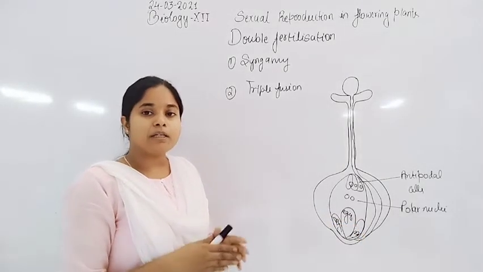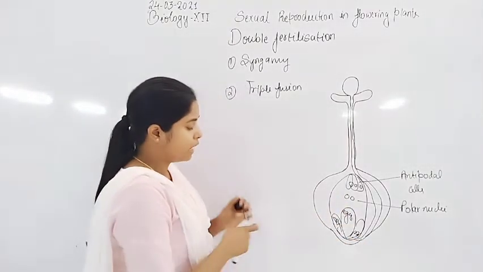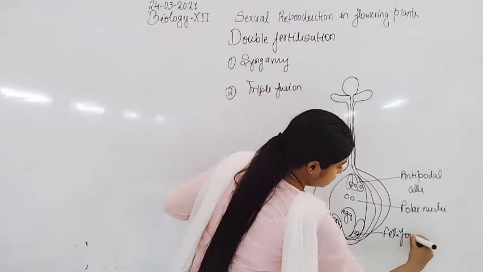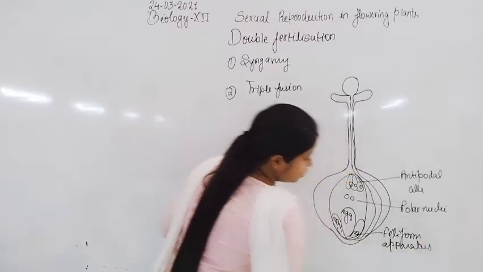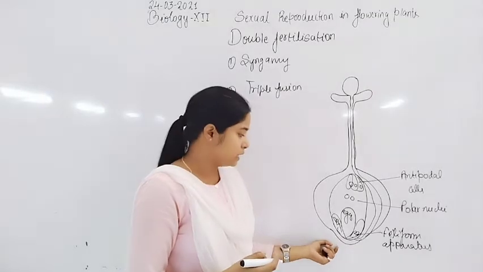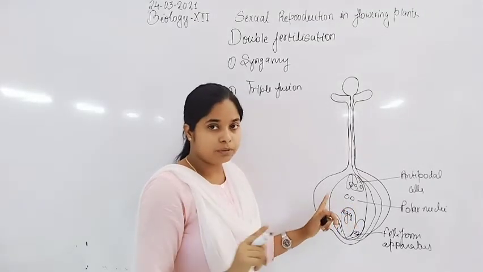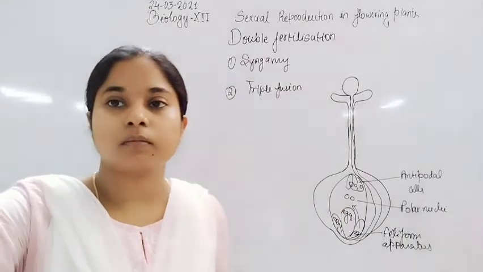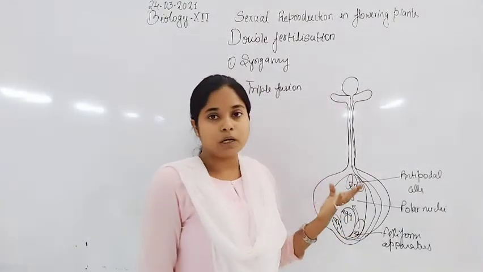The filiform apparatus guides these two sperms, and with the help of this apparatus, they finally transmit one of the two gametes to the center. So the filiform apparatus guides these sperms.